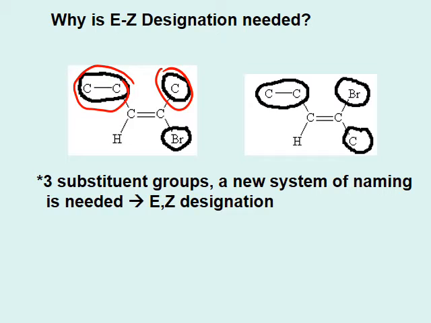If I have a double bond, C double bond C, with the ethyl group and hydrogen, and the methyl group and a hydrogen, this is clearly a cis isomer or cis stereochemistry. We often use the word stereochemistry because stereochemistry talks about how different groups are organized.